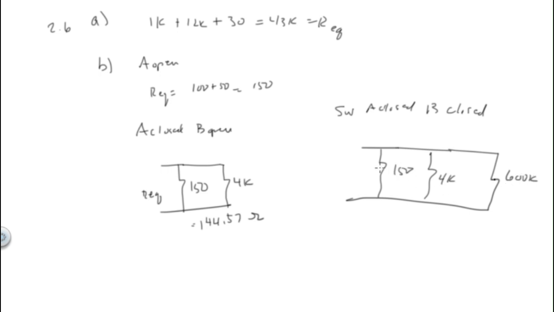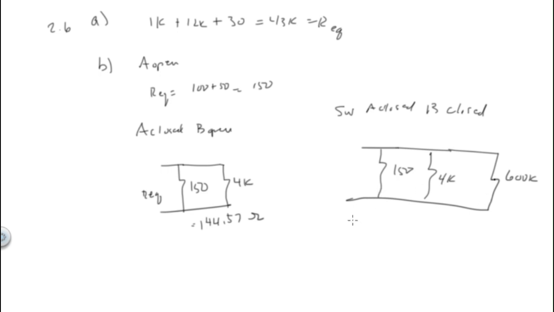So now let's do the reciprocal rule. Would that be the best way to go? You could. You could also use this number because this is the number you found for these two, and then make it in parallel with this one, and that would be acceptable as well.